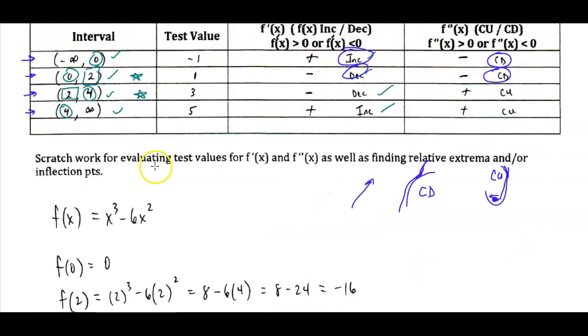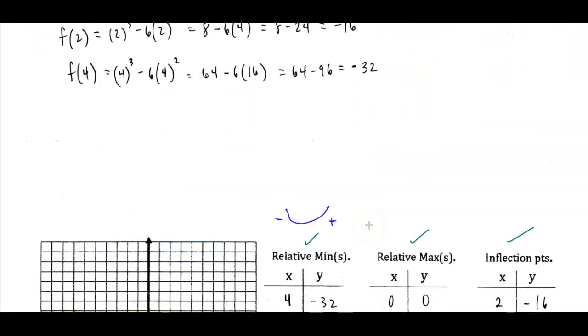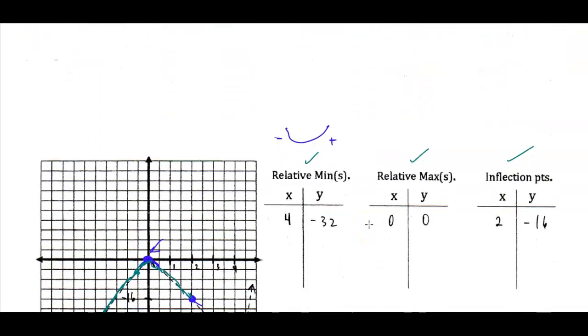And then of course from 2 to 4, we said that the graph of our function in this case was still decreasing, but now it switches to being concave up. And of course, where this switch in concavity happens is where our inflection point is. And now we know the inflection point is actually the point (2, negative 16).